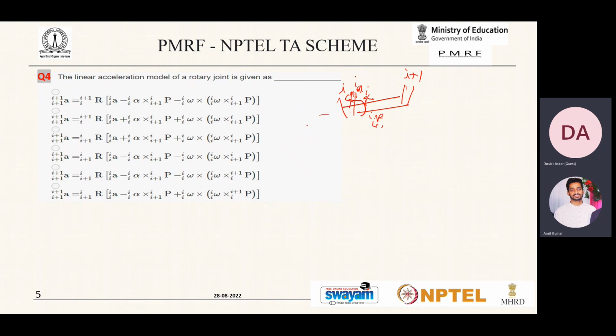Looking at this, how can you transfer that? Suppose A I is given, so that will be added. So A I plus what has been given. Now this alpha cross P element will be added. So then you can see that this component is known as what?